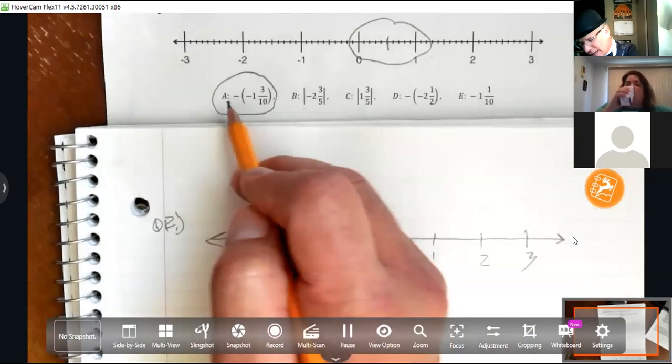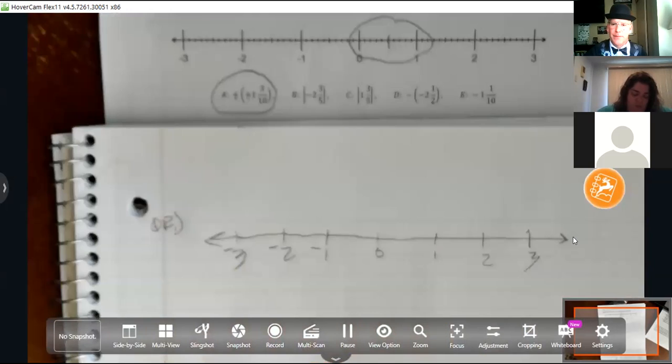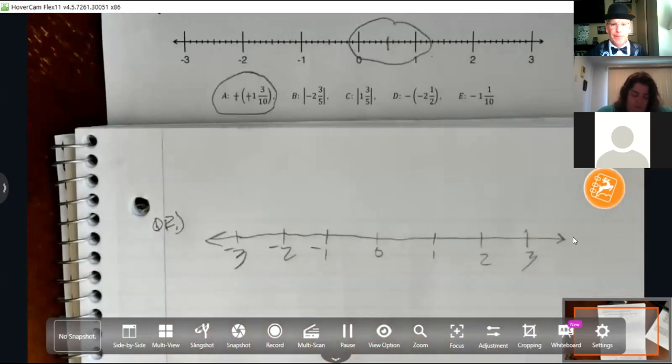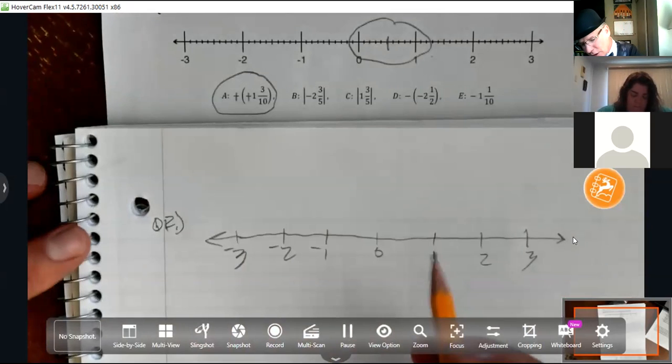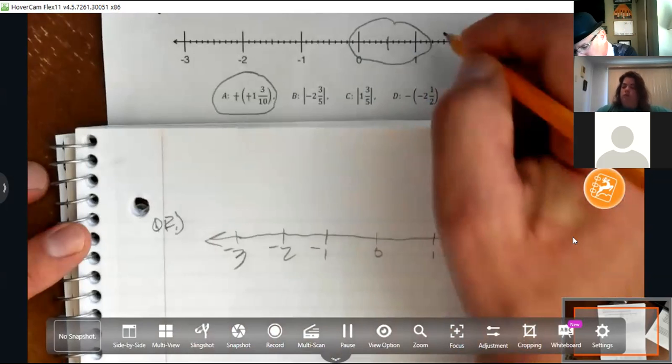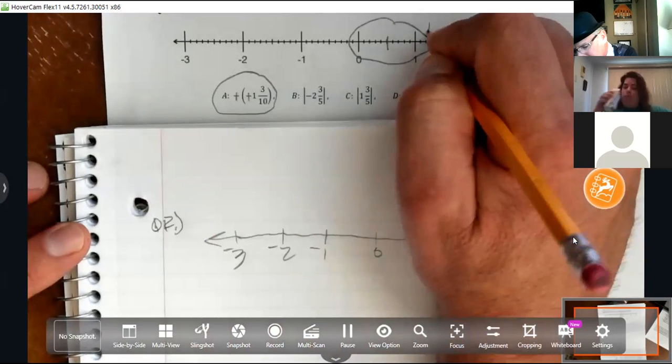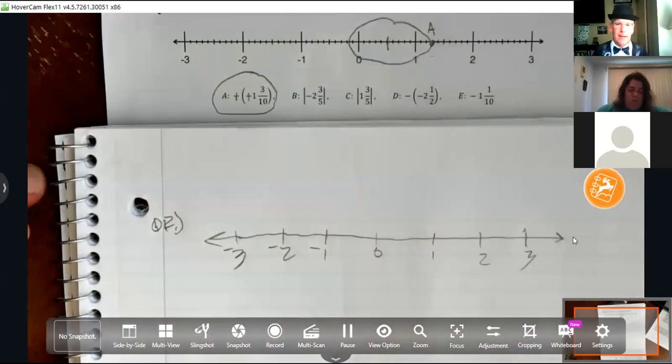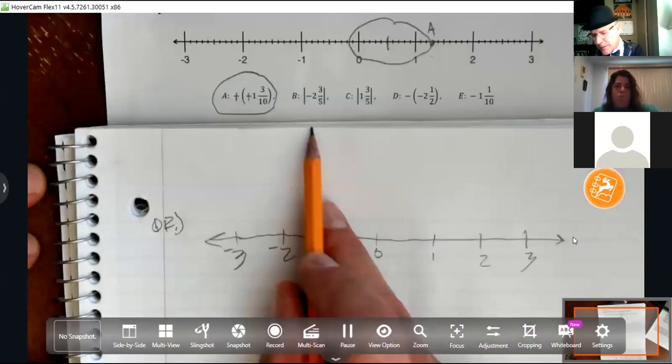If you see a negative, it basically cancels it out because the opposite of negative turns both of these positive. All right? So we just need to plot 1 3/10. So we go over here to 1, and we go 1, 2, 3. So point A, 1 3/10 goes right there. Do you guys agree?